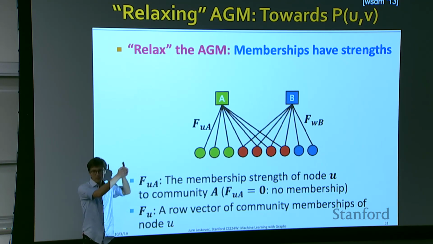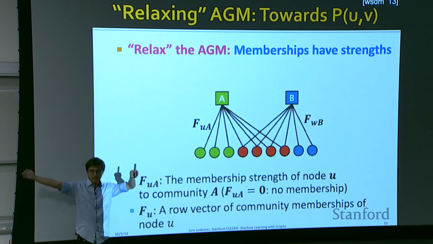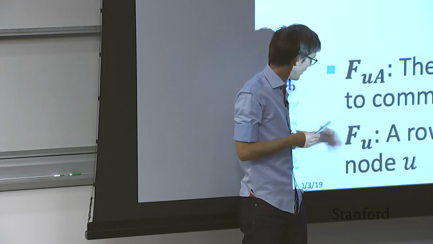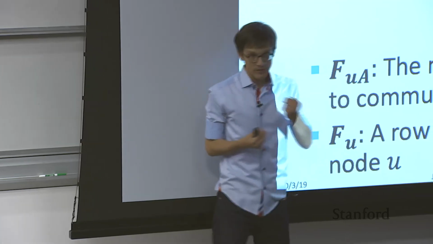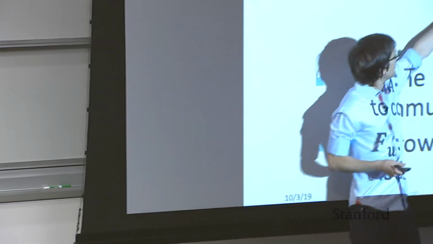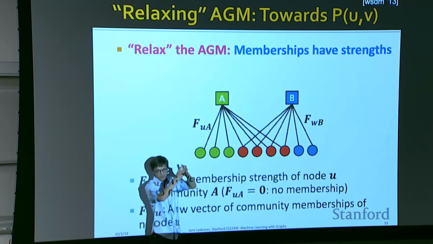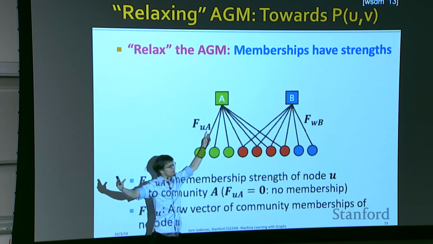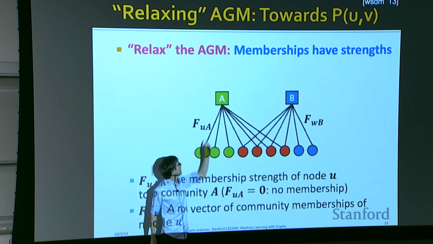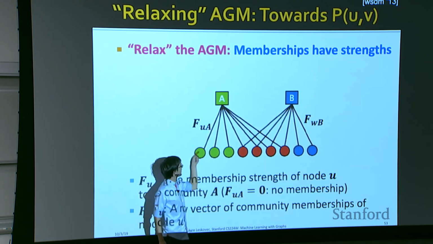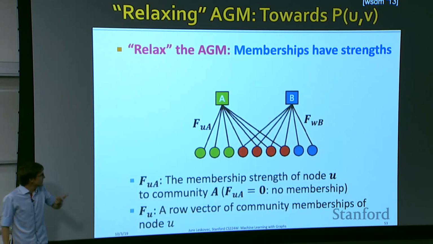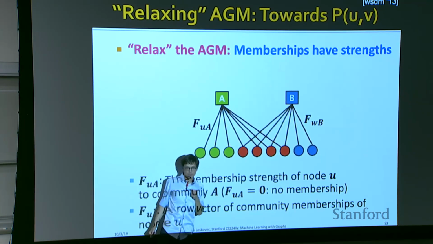So if I have k communities, for every node I will have k values, where every value at position, say, L, will hold the strength of the membership of that node to that community L. Right? So if I have a vector f for node u, then an entry at position A will say how strongly this node is connected to A, and an entry at position B will say how strongly it is connected to community B. And if the value is 0, then this node is not a member of that community.